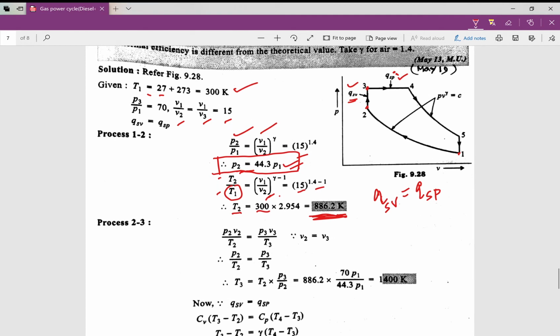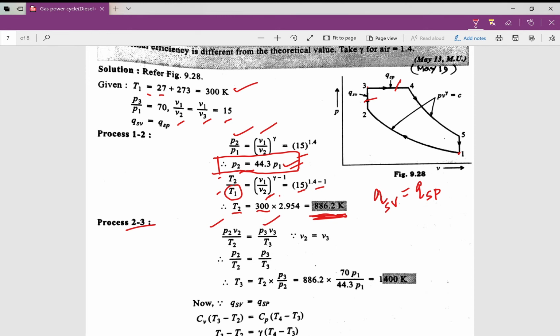Now let us move to process 2-3. Process 2-3 takes place at constant volume, and process 3-4 takes place at constant pressure. In these processes we apply the gas law, that is P2 V2 upon T2 is equal to P3 V3 upon T3.